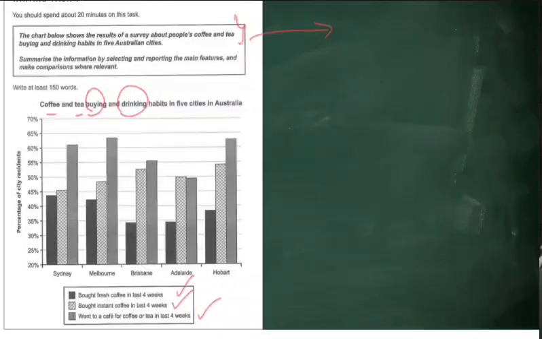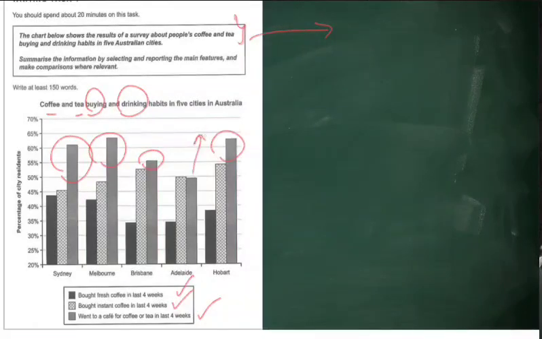If you can just take a moment to look at the data here, what strikes you the most visibly is the one thing which is always higher than the rest, which is the last one, that is, went to a cafe for coffee or tea in the last 4 weeks. That's always higher. You have it here, here, and here as well, and here as well.